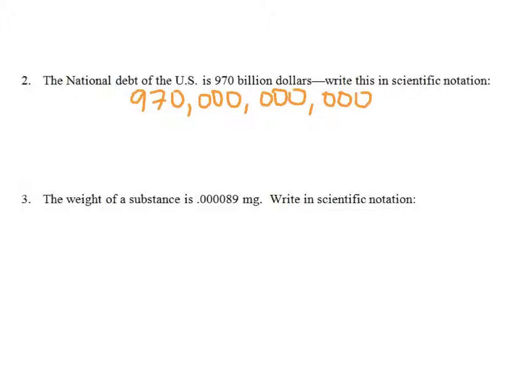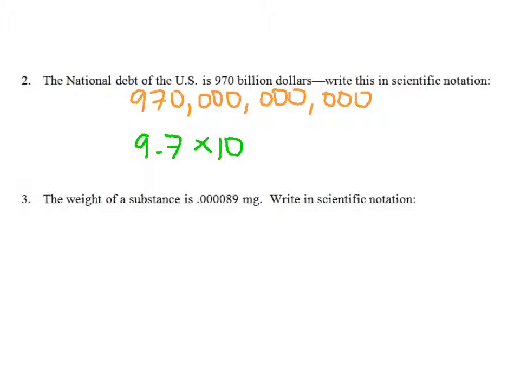And following the format we talked about earlier, we need to find a number here out of this whole 970 billion that's between 1 and 10. This is a very big number, so I can start here at the beginning and go right there. That would make that 9.7. So I'll drop down my 9.7 times 10. And now I count how many times till I get to the end of 970 billion.